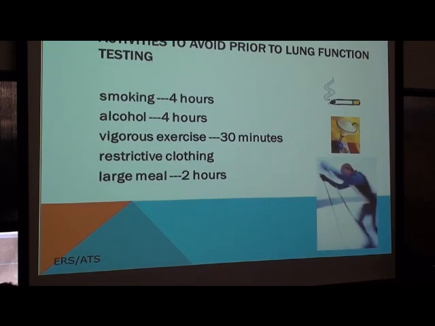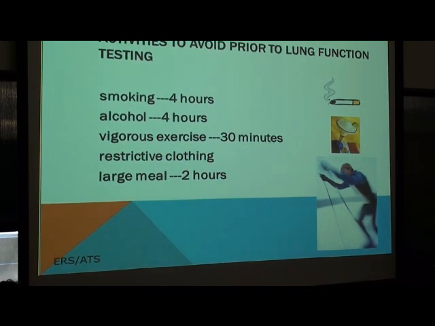This is what the ATS-ERS suggests patients should do, and we don't put this on our patient instructions. I'm pretty sure it might be difficult to actually enforce, and it might take a little bit more time in obtaining the history. But these are things that we know can acutely affect lung function or the performance of the test.